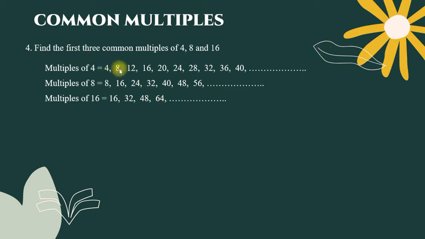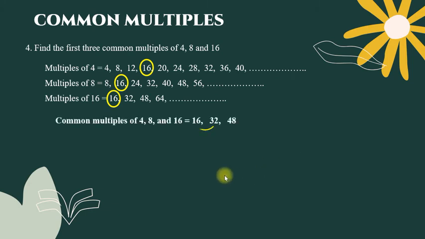Here, for this case, the first common multiple equals 16. So we write down: common multiples of 4, 8 and 16 equal 16, the first one. The second we times 2, 16 times 2 equals 32. The third one we times 3, 16 times 3 equals 48. So this is the faster way, rather than listing all, which means you have to list until 48.